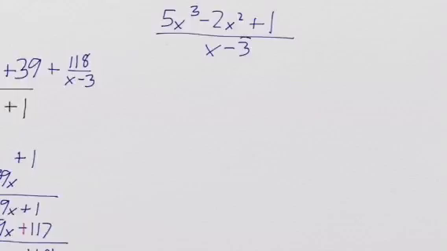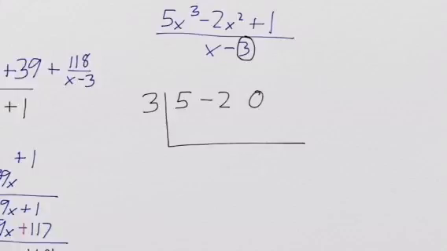We can take that number that we're subtracting, we're going to put it in front of a synthetic division sign. And then inside we put our coefficients, 5, negative 2. There's no x term here, we need to put a 0 in to accommodate for that. 0, 1.